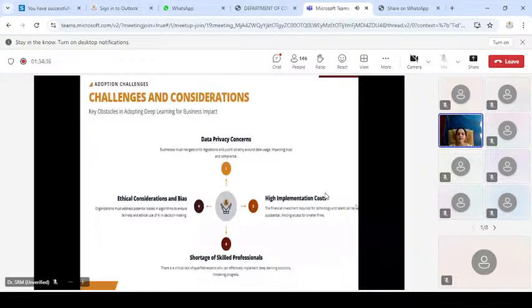However, this extensive data collection again raises privacy concerns. Way back in 2018, Facebook faced scrutiny over the Cambridge Analytica scandal, where data from millions of users was harvested without consent for political advertising.